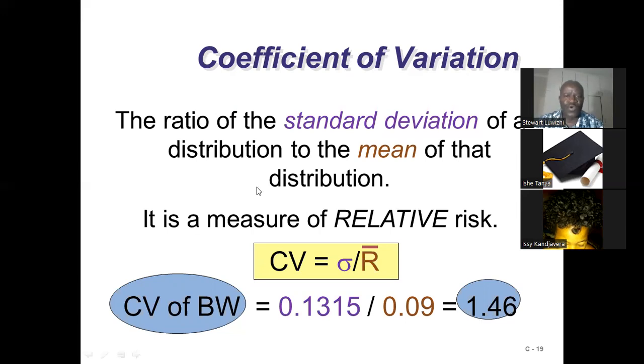So the formula now for coefficient of variation, to measure the ratio of the standard deviation to the mean, is simply standard deviation divided by R bar. R bar is 0.09. The risk with standard deviation is what we've just calculated, which is 0.1315, right?